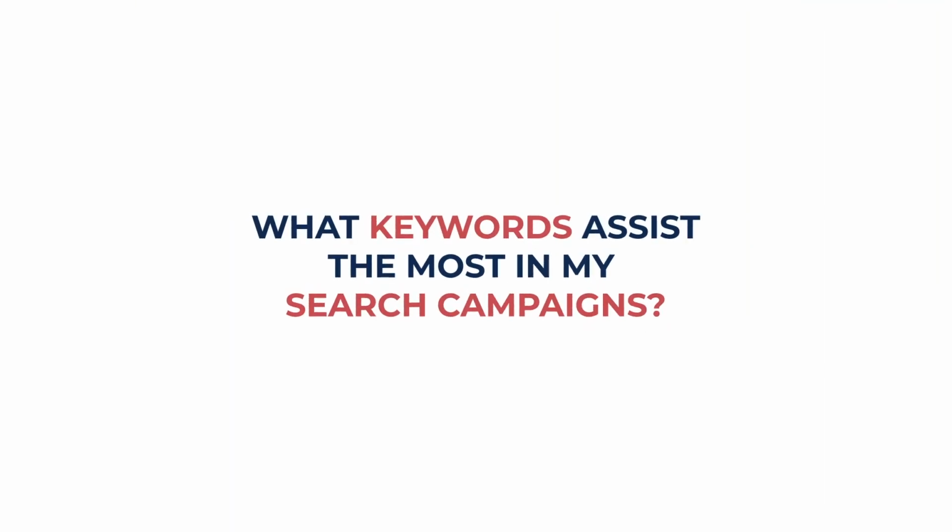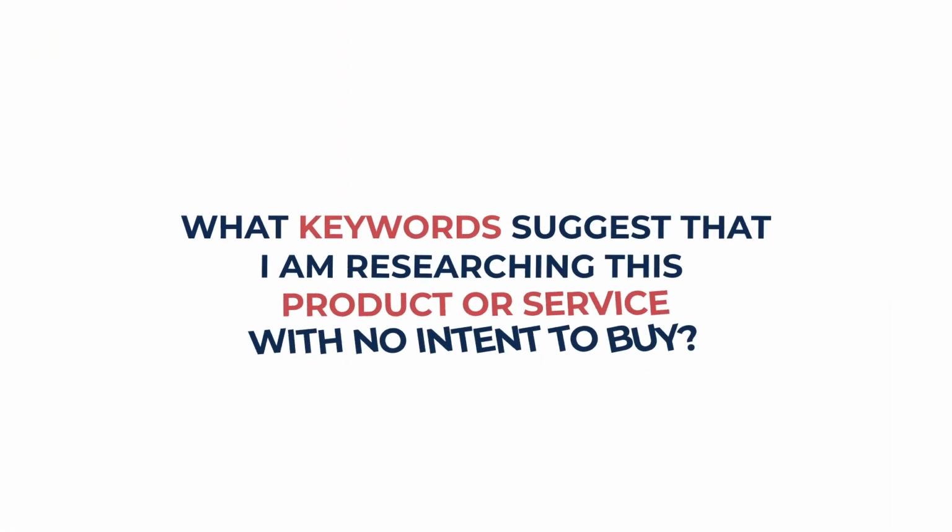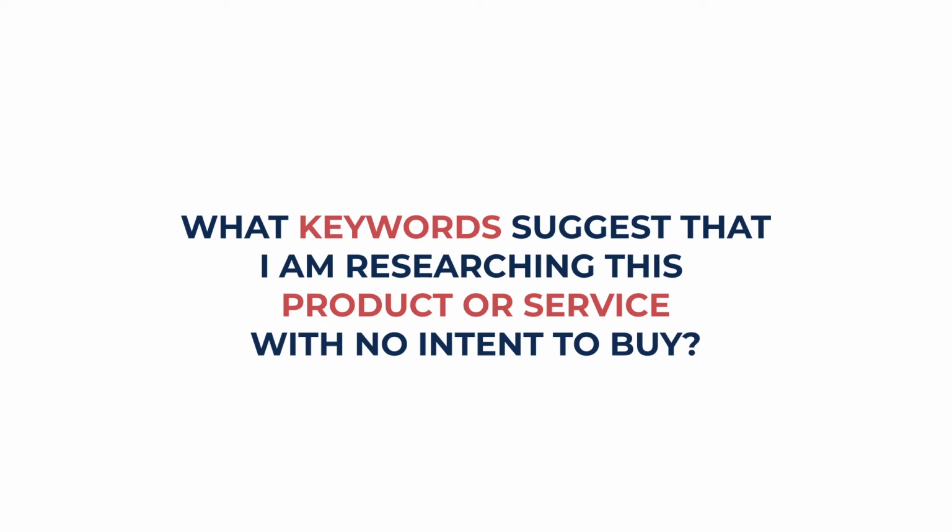What keywords assist the most in my search campaigns, right? What keywords indicate that I'm considering this product or service to buy later? And just as important as knowing your ideal audience, you also want to know what to exclude, right? So you can ask yourself, what keywords suggest that I'm researching this product or service with no intent to buy? So that's one way you can look at it.